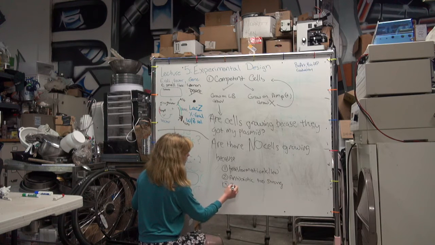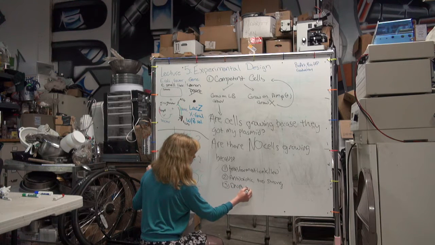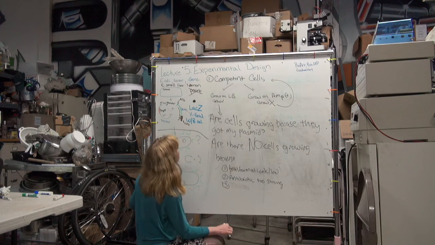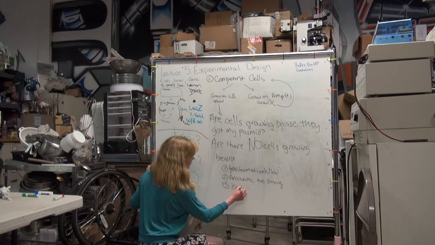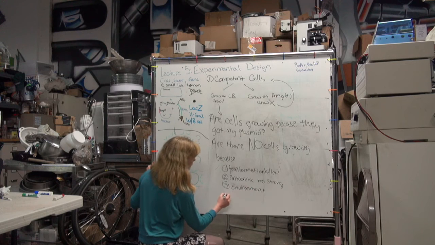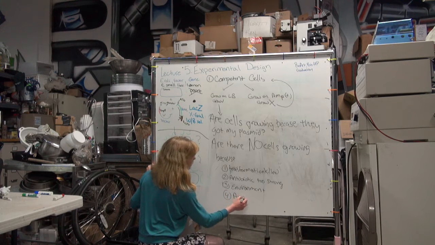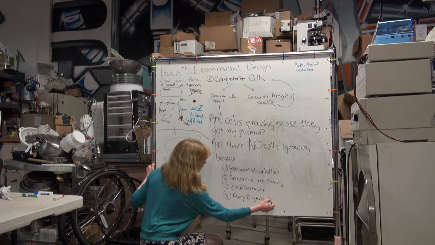Three, DNA killed them. So this is kind of in that one, transformation killed. What else could have killed my cells? Environmental conditions. Contamination. Let's say four, the AMP-R gene, no work.